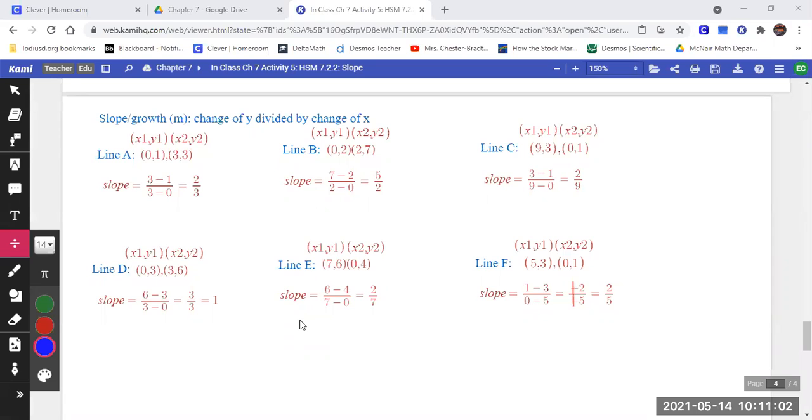We need the 2 coordinates that are on that line. D, thank you. Somebody else do E. Somebody else do F. Somebody else do G so that we can do one and then scroll down.